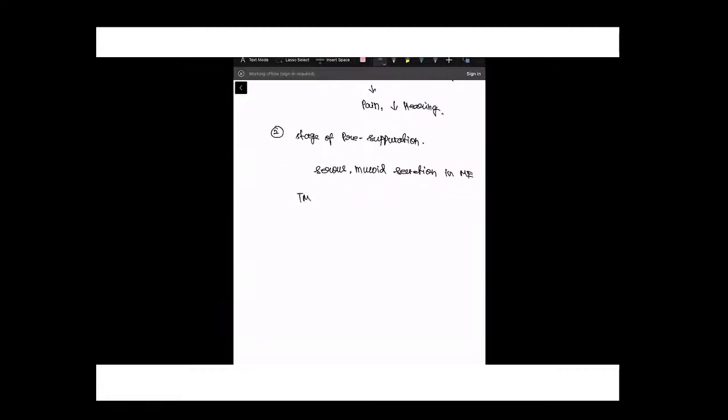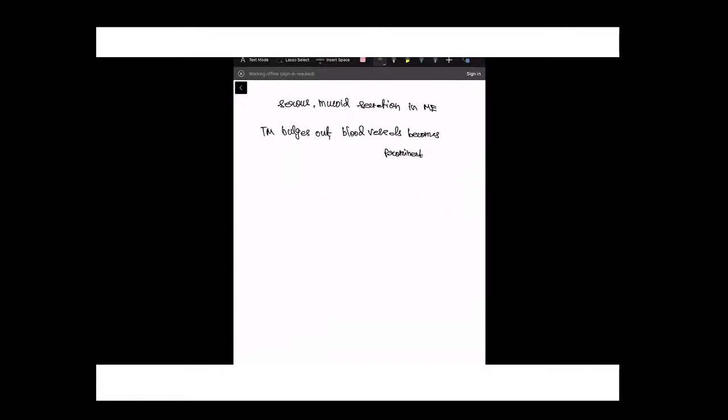Here, because of the secretion, the tympanic membrane bulges out, and blood vessels become prominent, leading to the important appearance, the cartwheel appearance.